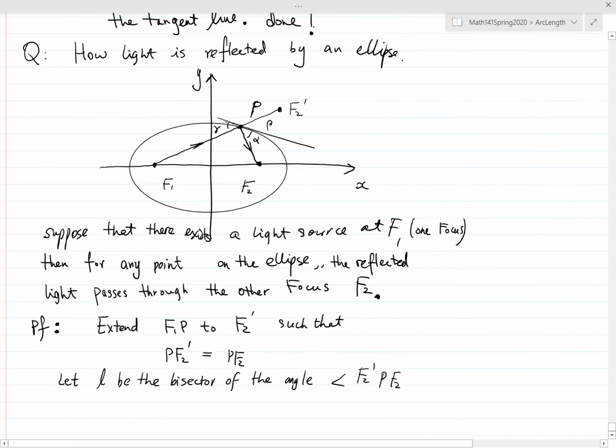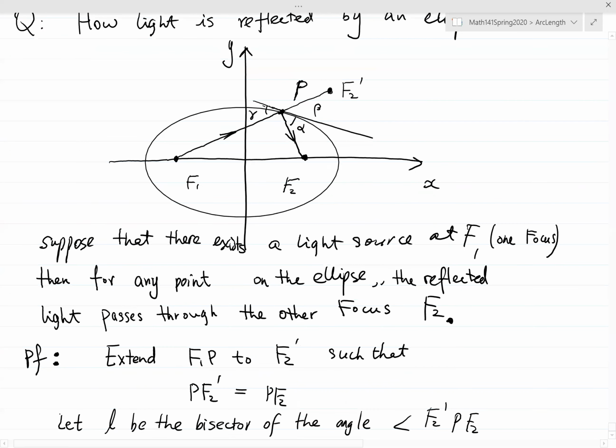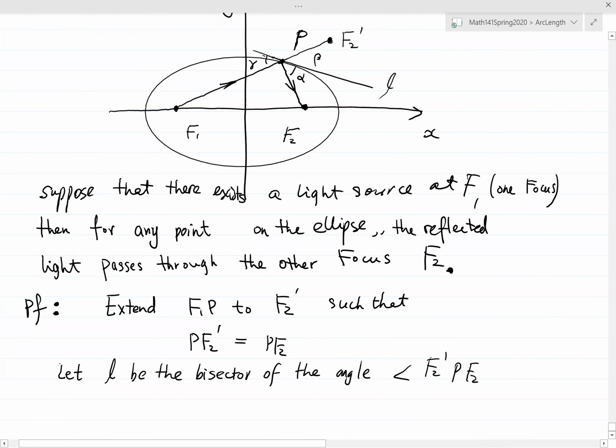By definition of a bisector, what do we have about the relation between alpha and beta? So this is L. Then we conclude alpha equals beta. This is because of the definition of a bisector.